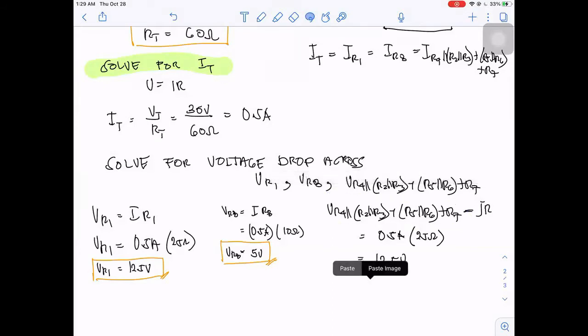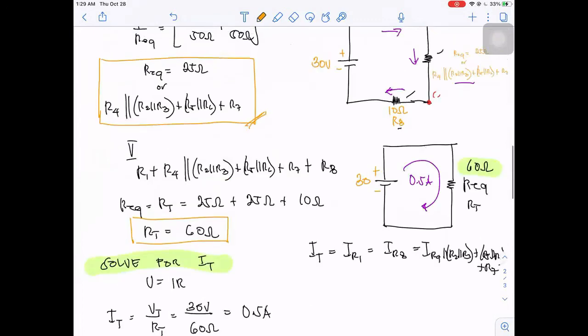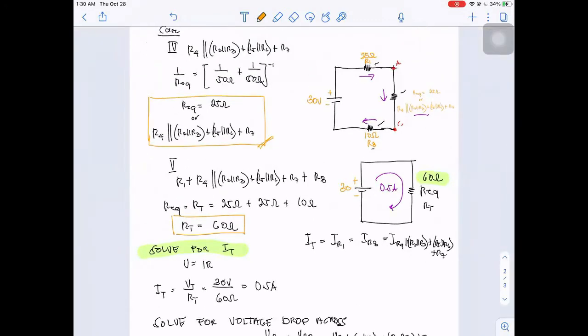So I'll just copy this one. We already computed the voltage drop across the equivalent circuits for R1, this REQ, which is equivalent to 25 ohms, and R8.